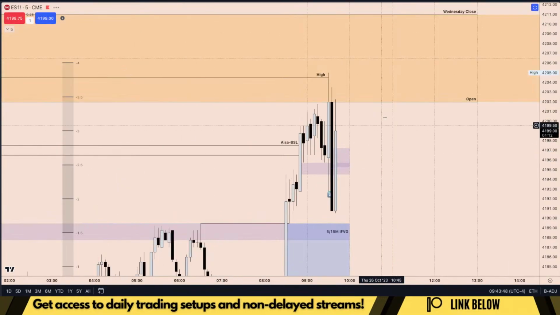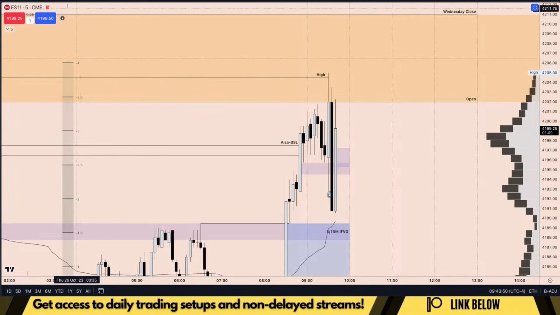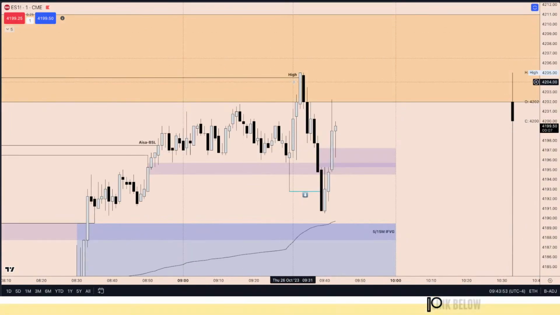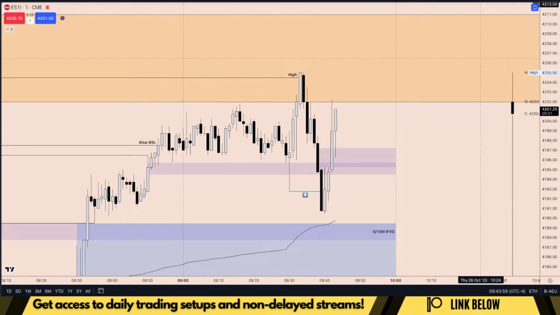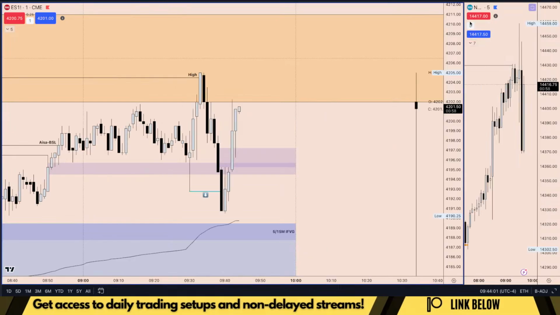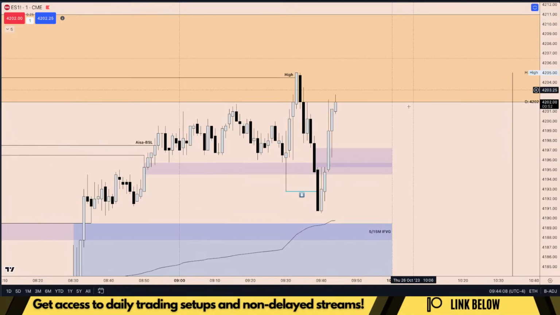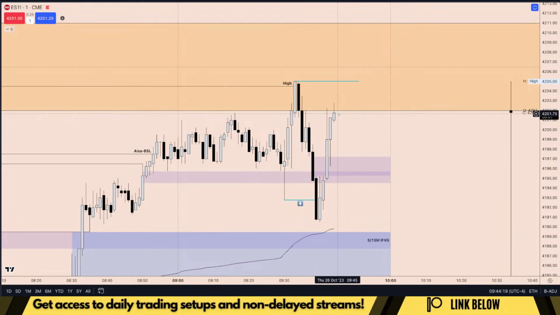Go back to the 5-minute time frame. Nothing really here on the 5-minute yet. The DXY still at a high. And we used the inversion fair value gap here on the 1-minute and delivered higher. So right now it still looks like it wants to go for the high again to fill the entire new day opening gap.